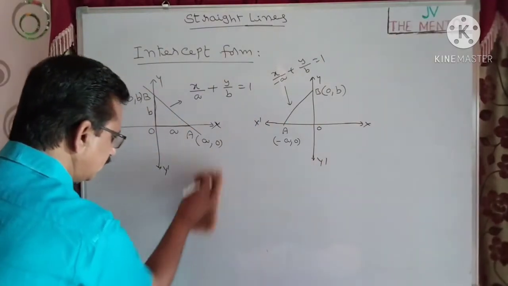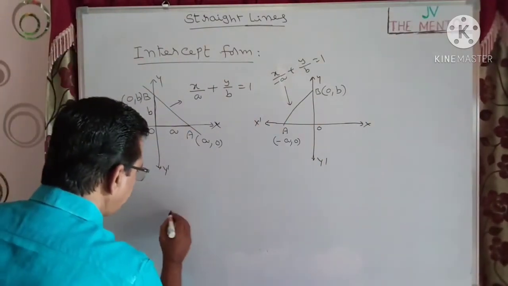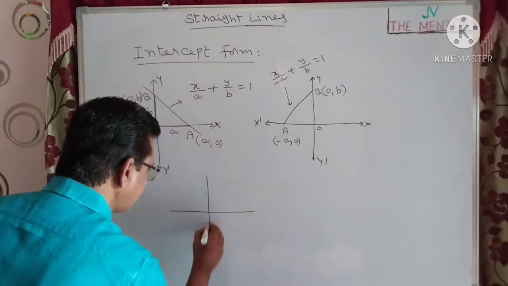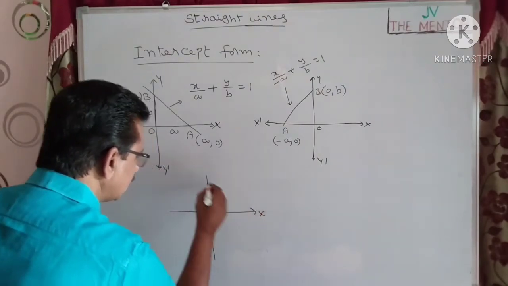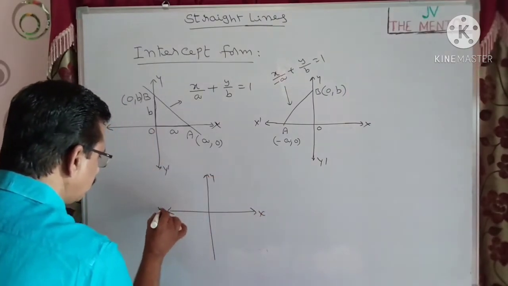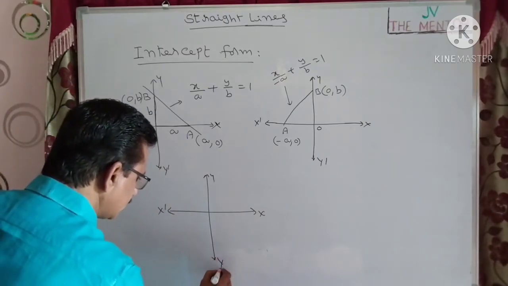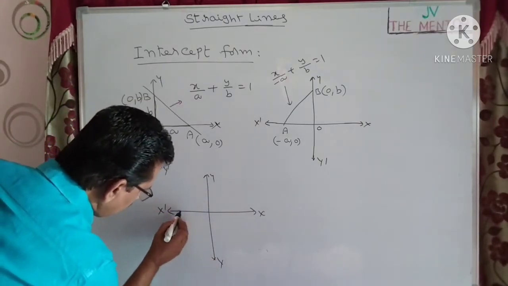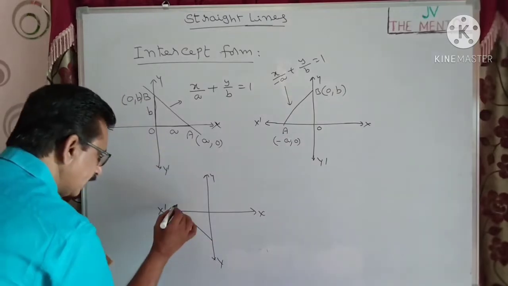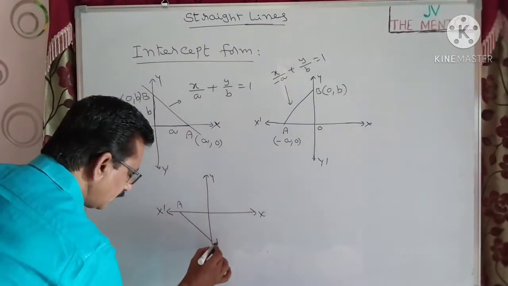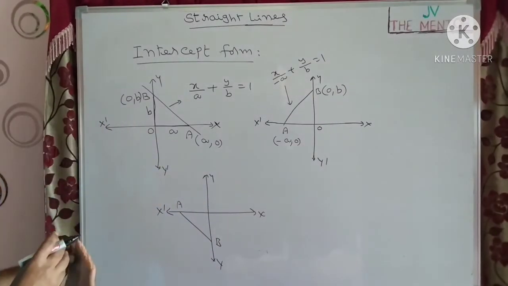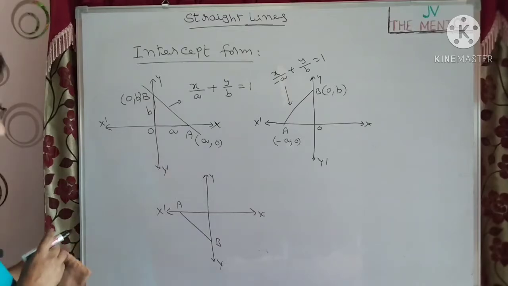In the third quadrant, these are the coordinate axes. Here the line AB intersects the coordinate axes in the third quadrant.